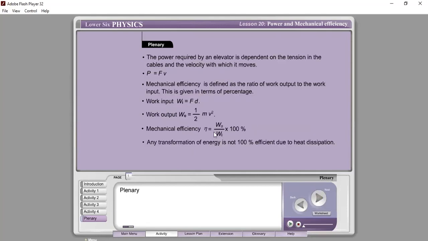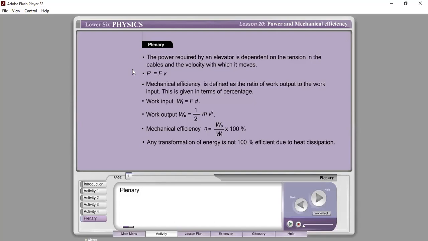Ladies and gentlemen, the power required by an elevator depends on the tension in the cable and the velocity with which it moves. Moving up and moving down are different stories.